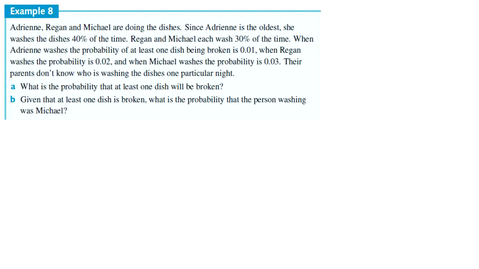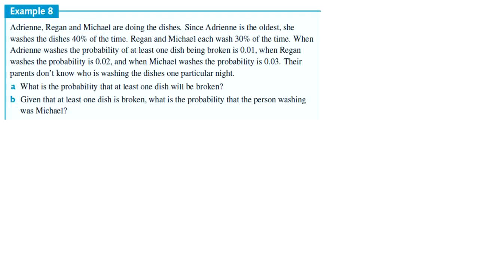All right, so we have our example here. Take a minute and read the question. Okay, so we have 3 kids doing dishes, and we note that the probability of them breaking dishes changes depending on who is doing the dishwashing.